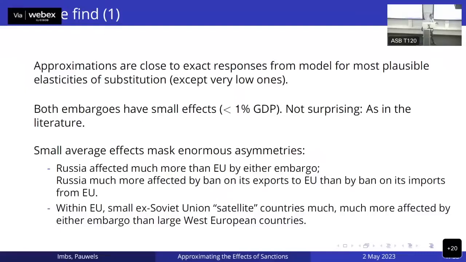So large Western European members, such as France or Germany, are much less affected than, say, the former Soviet satellite countries or countries that are geographically close to Russia and have shared some common history. These countries are much more affected, and they're much more impacted by embargo. And because they're small countries in the aggregate, the EU has a lower impact overall.